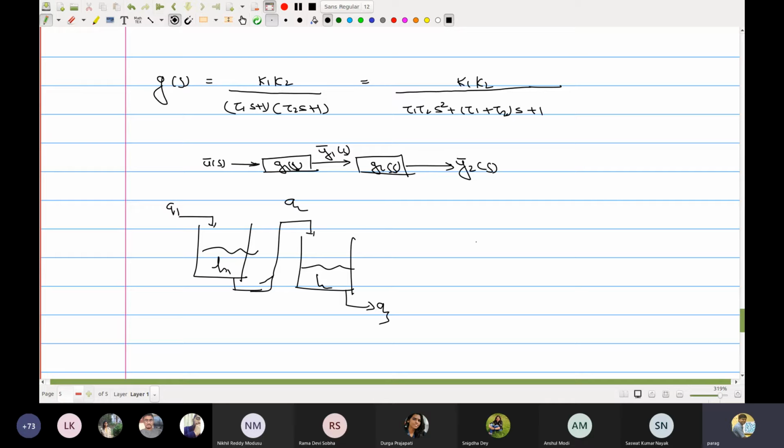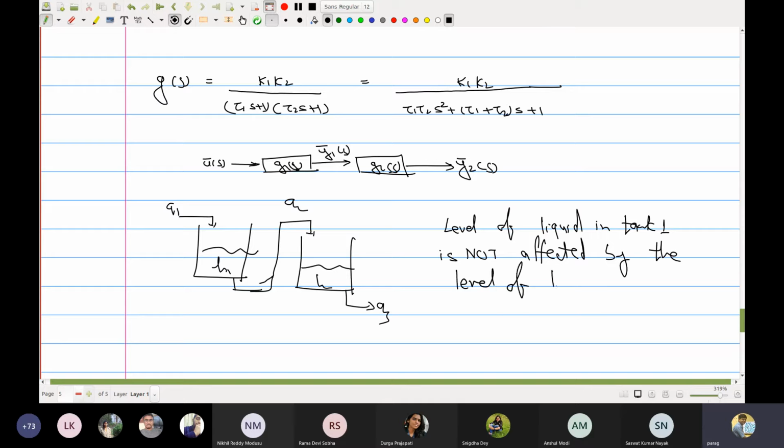Right? So this means that the height in tank 1, the level of liquid in tank 1, is not affected by the level of liquid in tank 2, right?